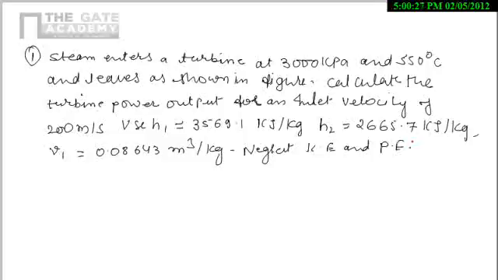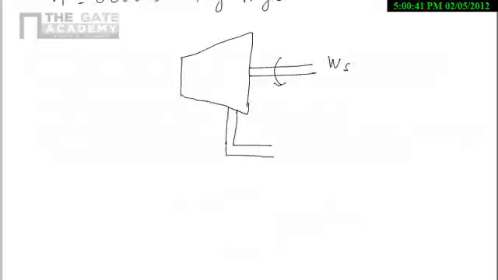So now I am just drawing the diagram here. This one is the turbine we are having. This one is the shaft work. This one is the outlet, section 2. At the inlet we are having the velocity 200 meter per second.